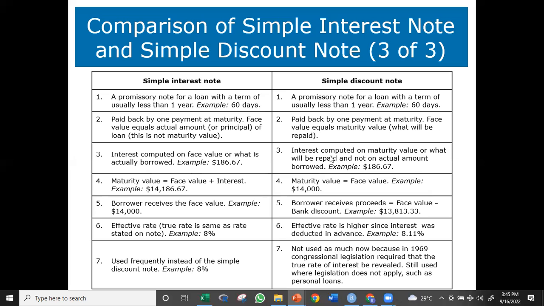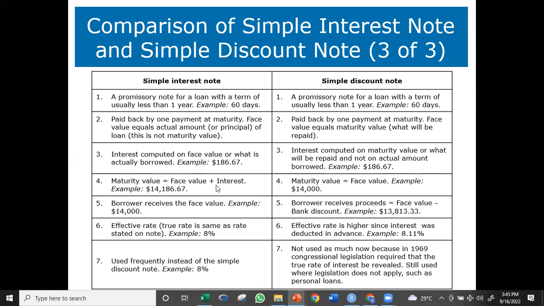Take note, interest here is not computed based on the proceeds. Interest is based on the face value, okay, not on the proceeds. Since the maturity value is the same as the face value, then we can say here that the interest is computed based on the maturity value also. It was the same, 186.67.